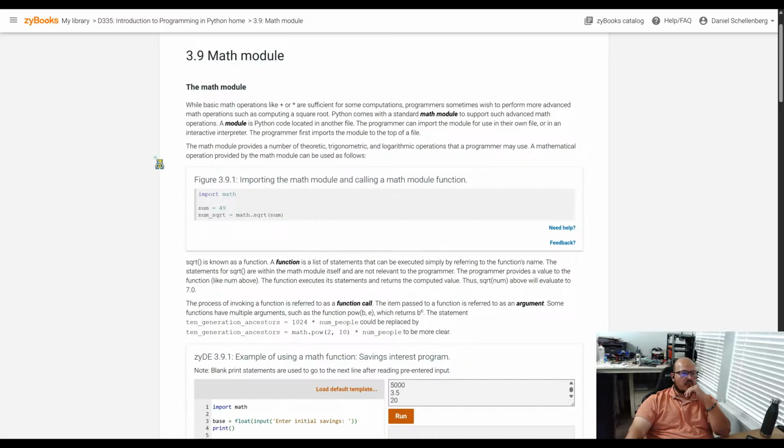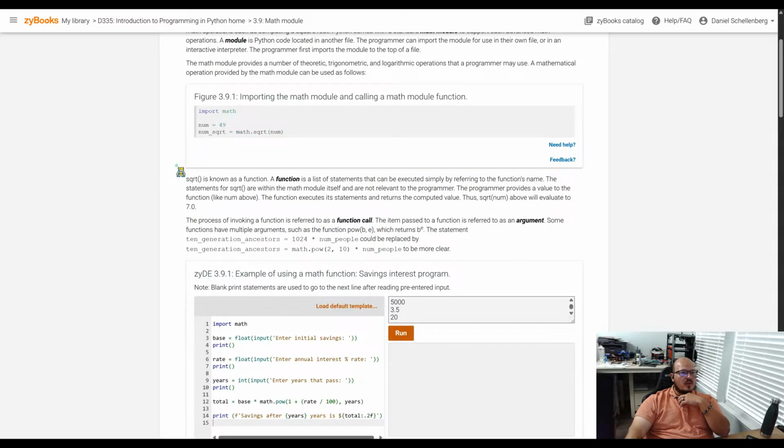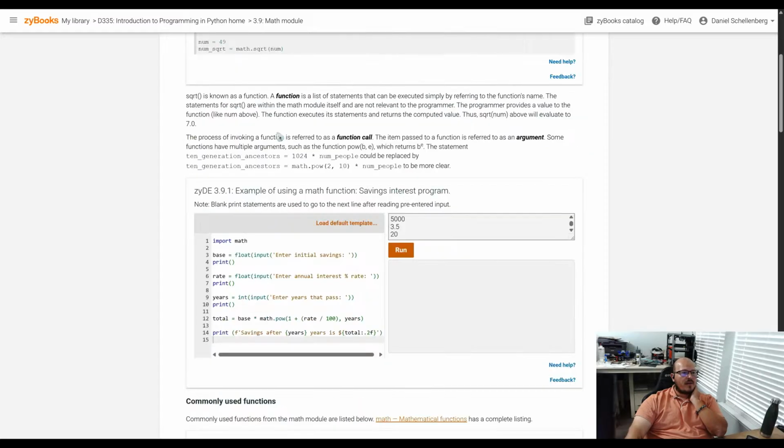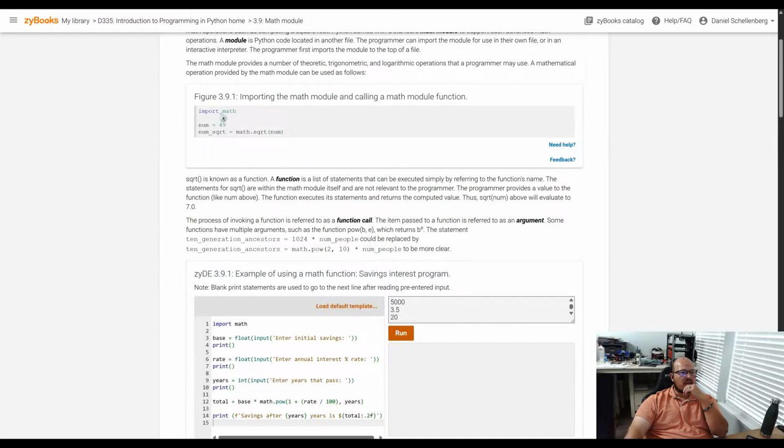A mathematical operation provided by the math module can be used as follows. Importing the math module and calling a math module function. So import math, num is assigned 49, num_sqrt equals math.sqrt(num). So it's saying what's the square root of 49. Square root is known as a function.